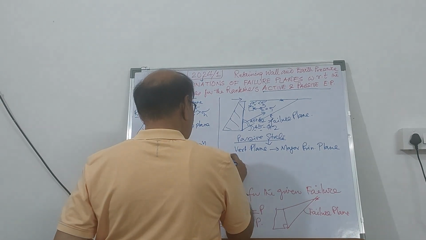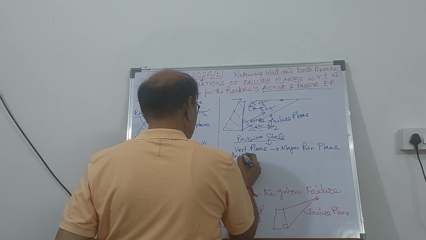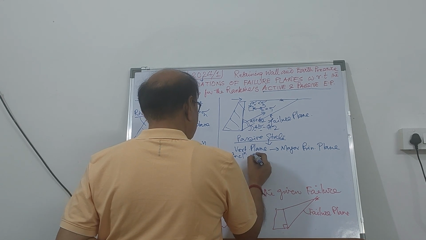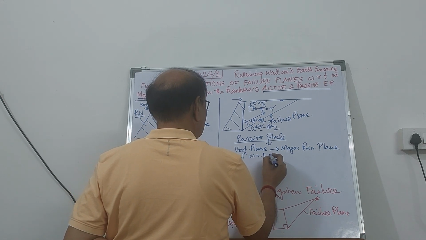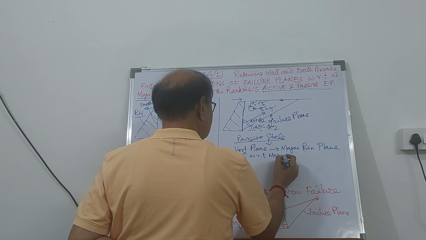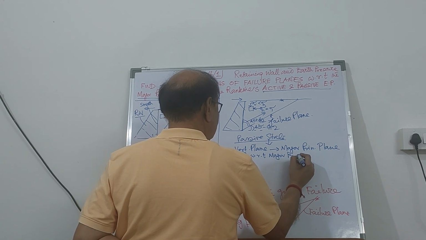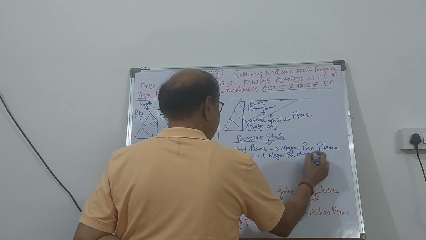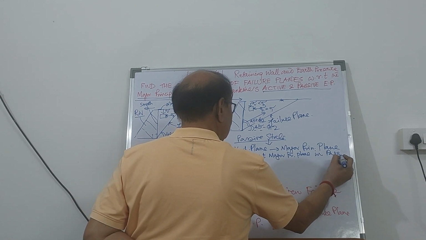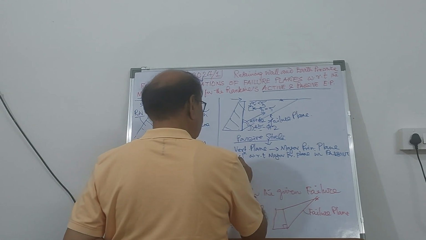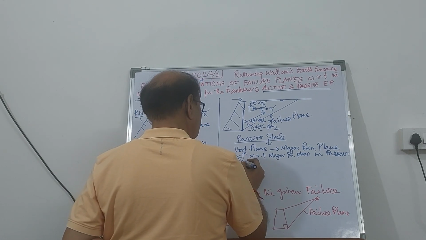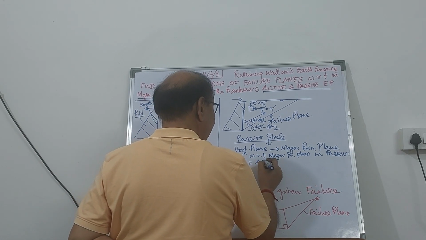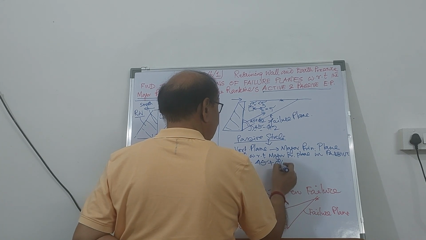Therefore, the inclination with respect to the major principal plane in passive condition is equal to 45 plus phi by 2.